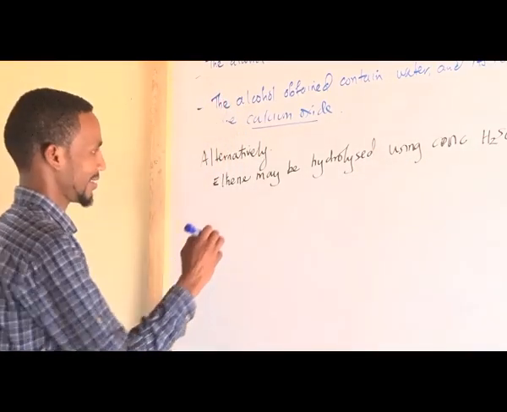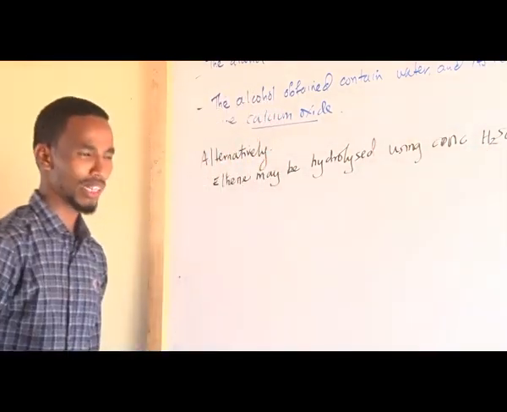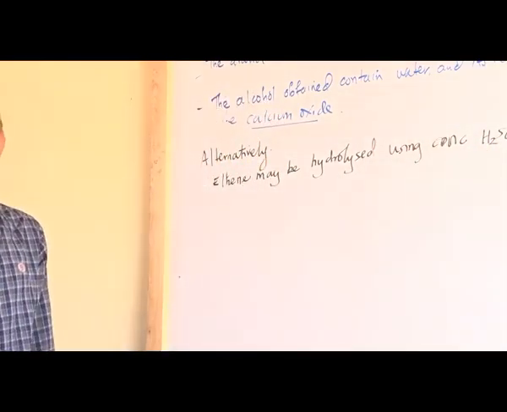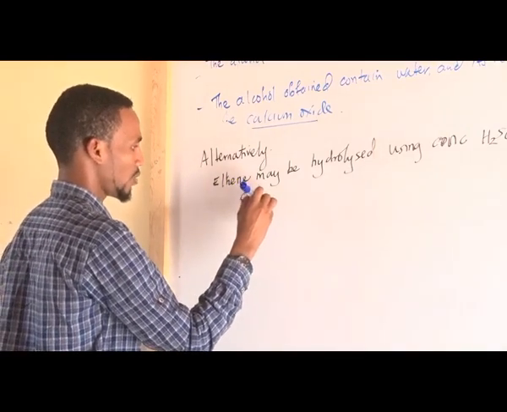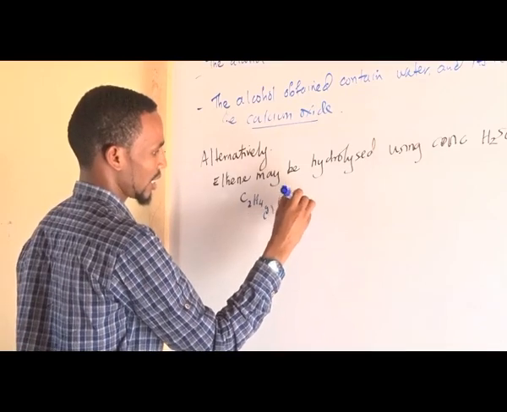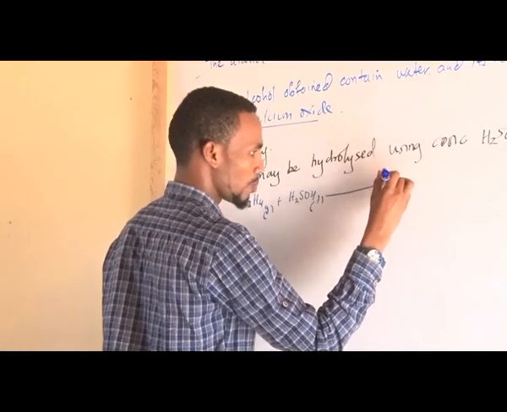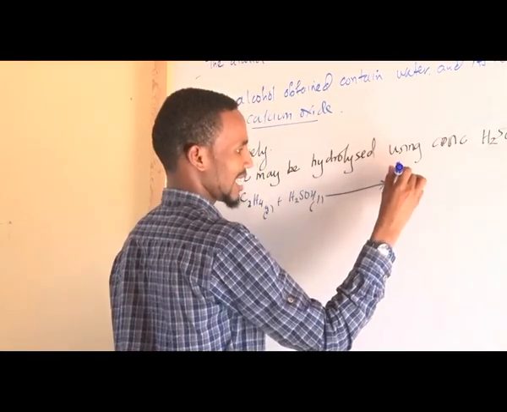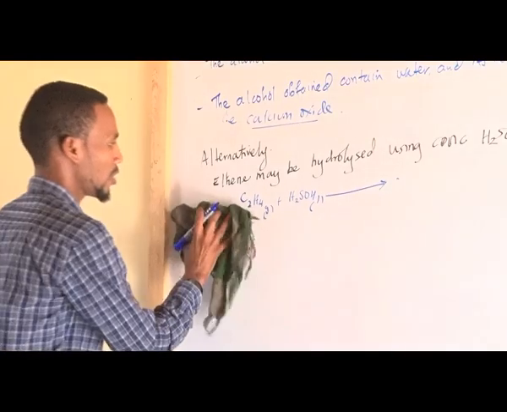What will happen? Ethene now, when it's hydrolyzed using concentrated sulfuric acid, what it will form is called ethyl hydrogen sulfate. So ethene is C2H4 gas. When you add concentrated sulfuric acid, H2SO4 concentrated, what you will obtain is, let me write the word equation first, before the chemical equation.